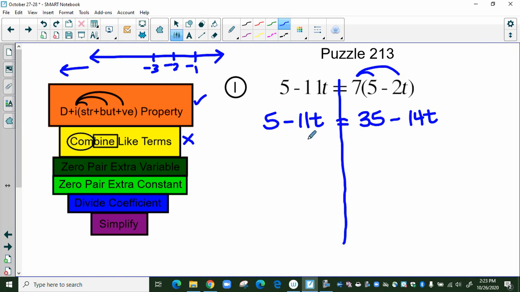Now, what would happen if you accidentally zero paired the larger one? Nothing. You'll get the same answer at the end, your problem just won't look exactly like mine until you get there. So I'm going to add 14t. There's my zero pair. Now, negative 11 plus 14 is positive 3.